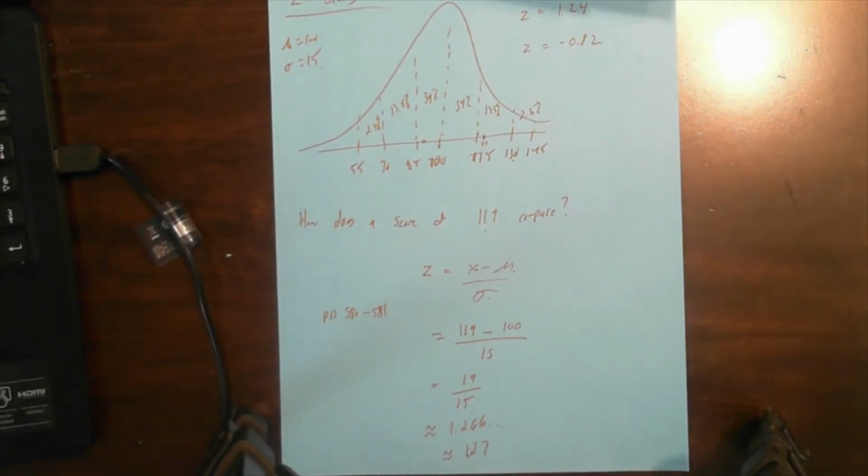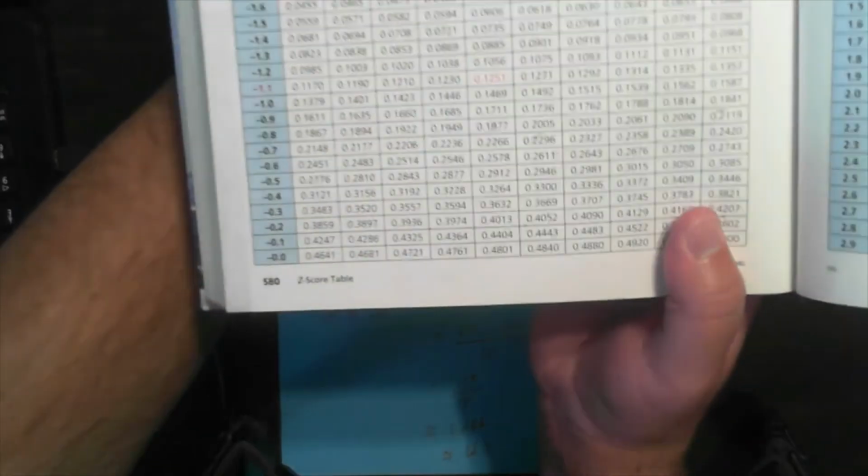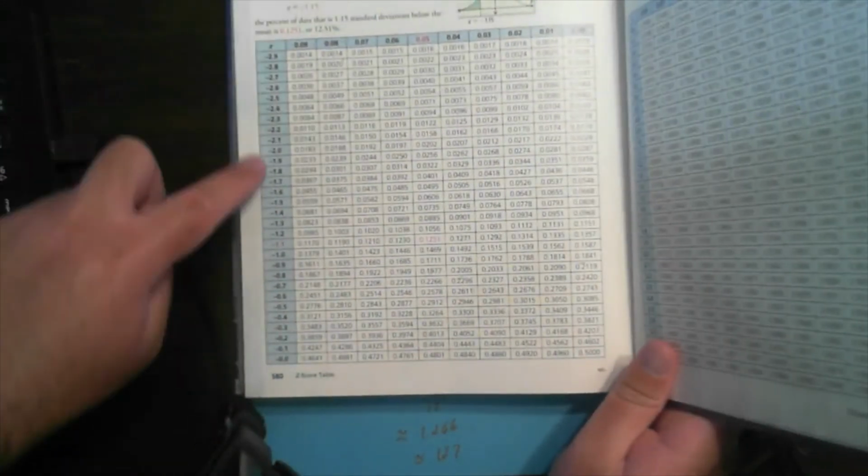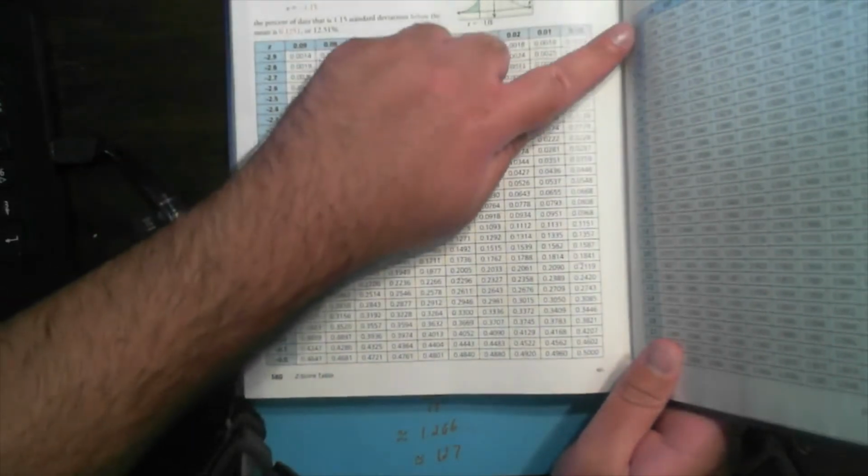So now, what I can do is go to my textbook, and I can go to page 580 to 581, and what you'll see is called a z-score table. Let's see if I can fit this into the camera here now. So you see it's got 2 pages. One side has negative z-scores and the other side has positive z-scores.